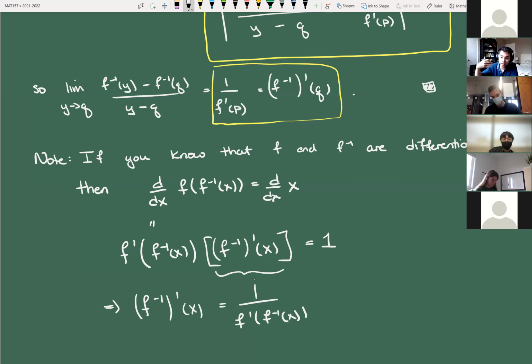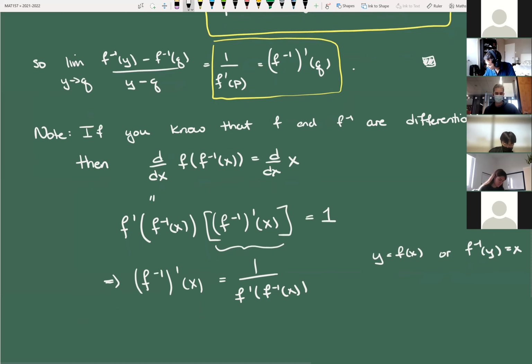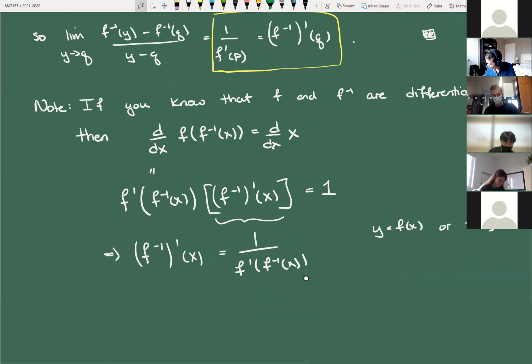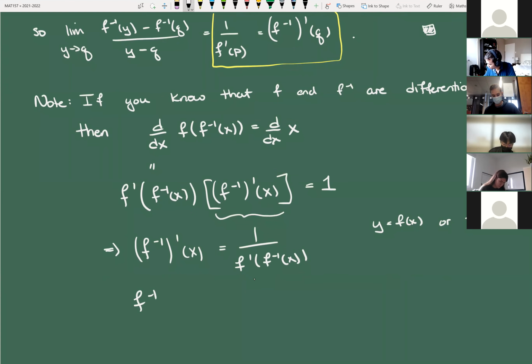And again, you can make it look exactly like what we have above by writing y equals f of x, or f inverse of y equals x. I've been sloppy here.